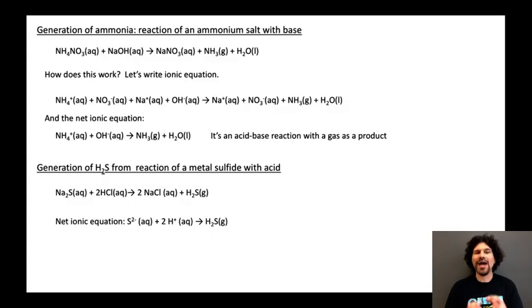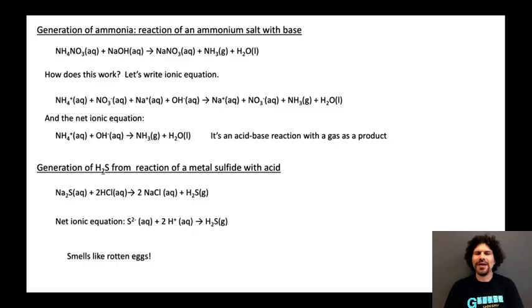Skipping down to the net ionic equation, this is going to be S2 minus, that's what Na2S is going to turn into, plus 2H plus, giving you H2S. You can see that you have a base and an acid coming together. It's similar to the net ionic equation of a strong acid and a strong base.